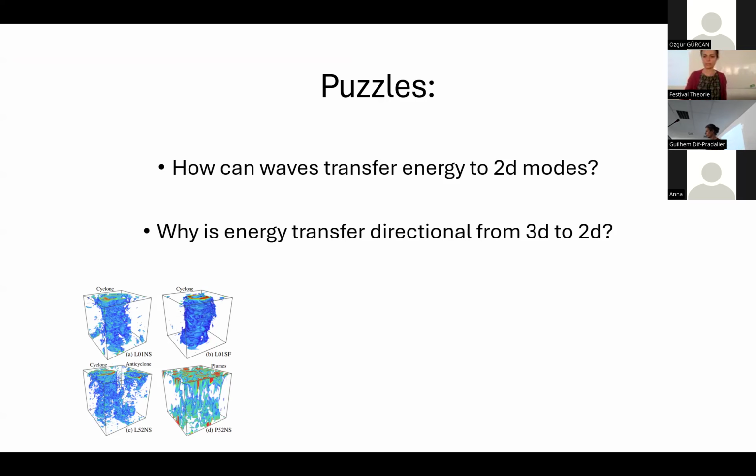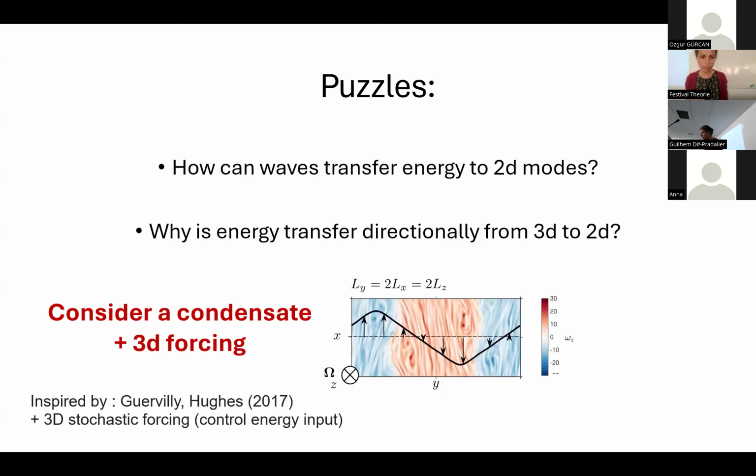So what we're going to consider, again inspired by David's work, is an elongated domain. For reasons of symmetry, in such an elongated domain what you get are jets instead of vortices, and it's the same because it's Cartesian.